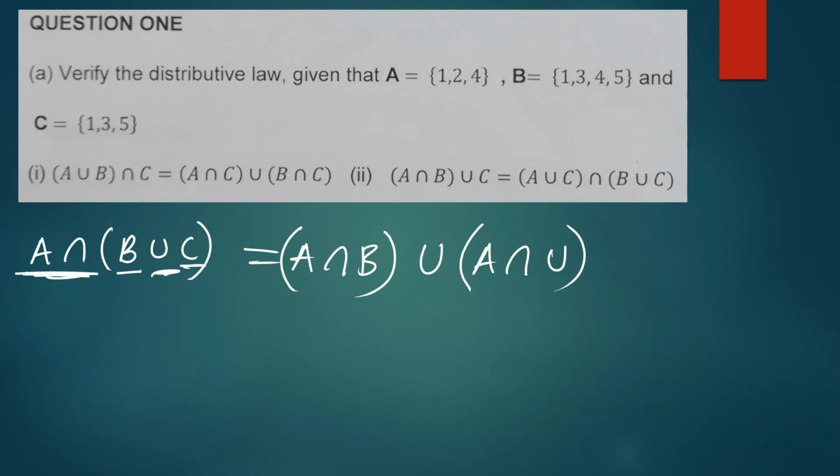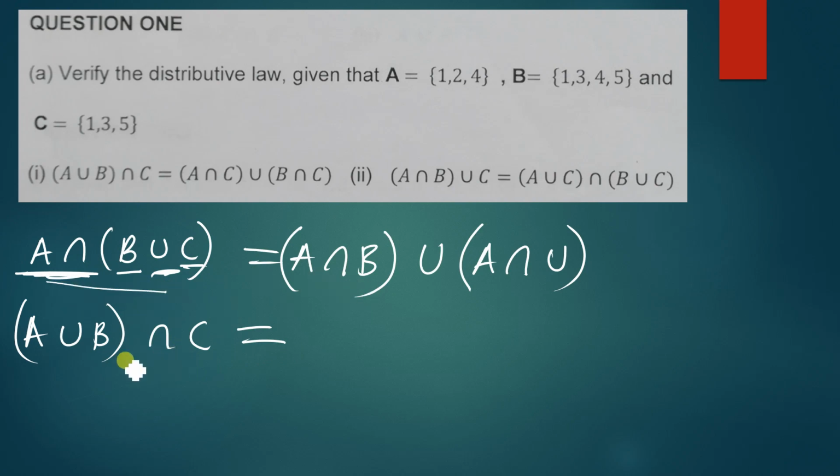Now in this case, we have been asked to verify the distributive law. So even before I do that, let me also do it the other way around. Sometimes you might be given A union B and then intersection C, and then they're asking you to distribute this. In the same way we did this, we're going to also do this.